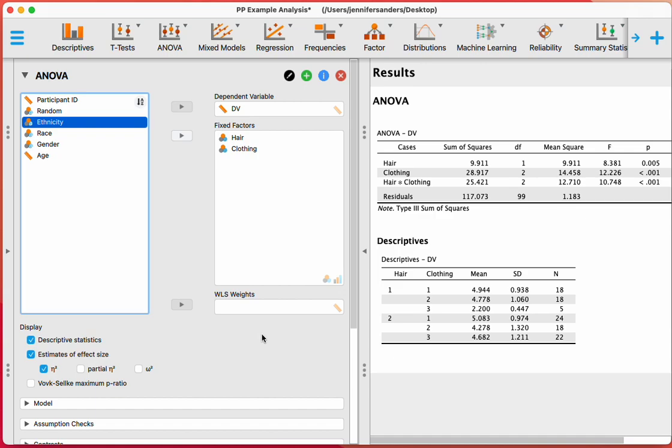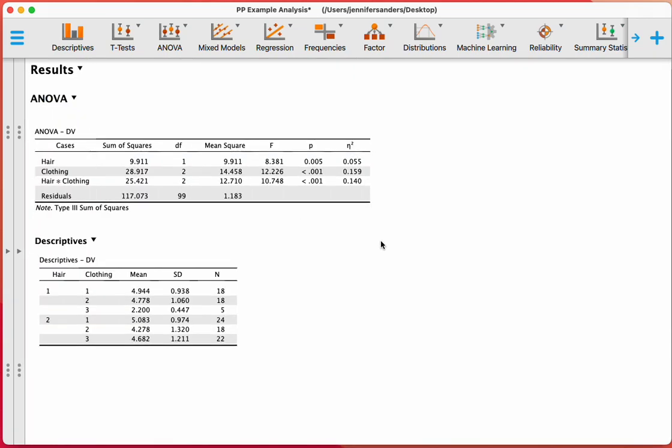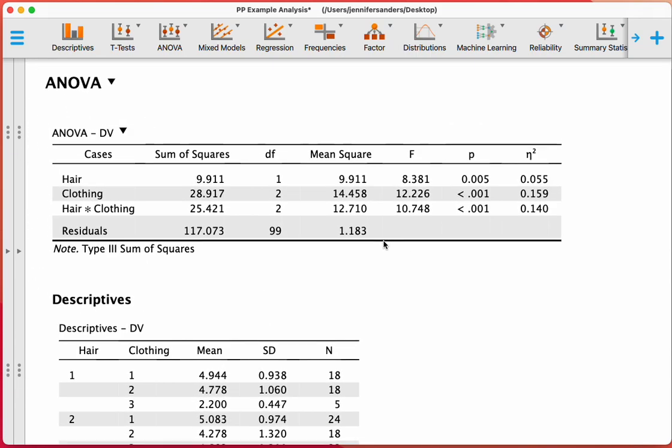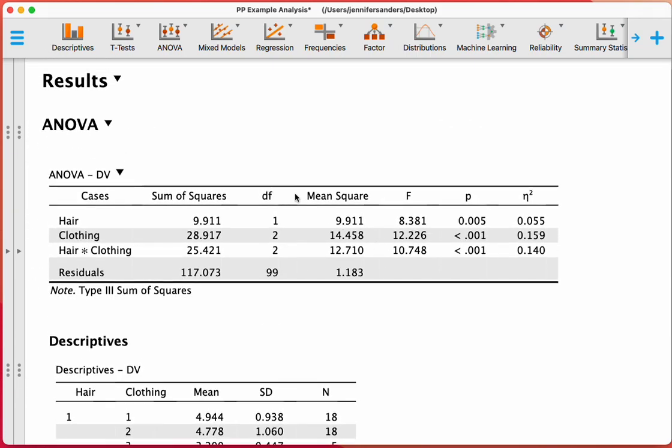So let's go ahead and look at the results for our Omnibus test. Remember that Omnibus means overall, and so this is the overall test measuring whether the means of the levels were different from one another. So each of these rows represents each of our tests that we ran.